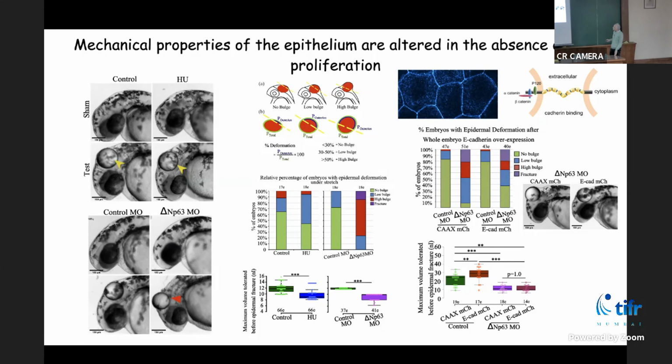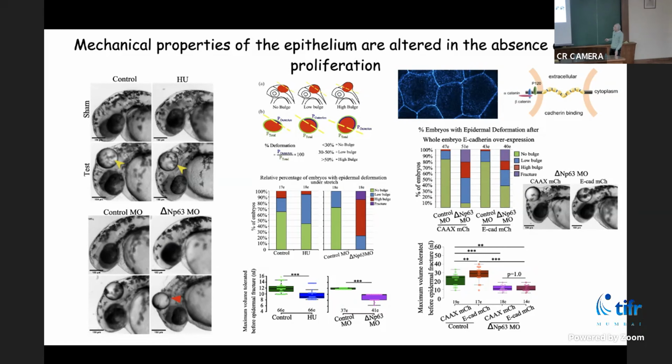So when we do the fracture assay, we actually measure the amount of oil that you need to inject before the fracture. And you will see that the amount of oil required for fracture is much less. This indicates that the fracture strength is reduced independent of the condition that you use.